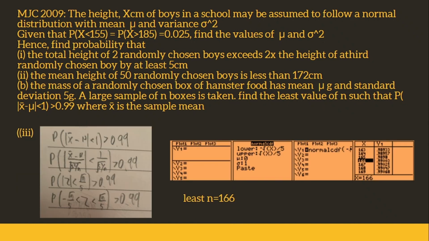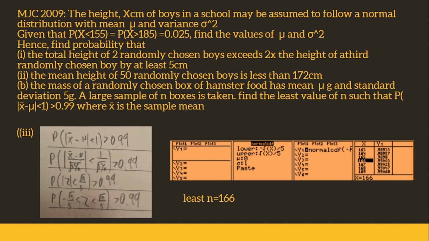Yeah, then for the last part, we want P(|X bar minus mu| less than 1) greater than 0.99, and then we want to find the value of n. So we're going to standardize the entire thing. We replace our sigma with 5 and simplify the entire thing. It ends up being modulus Z less than square root n over 5.